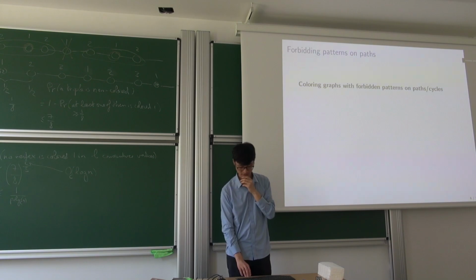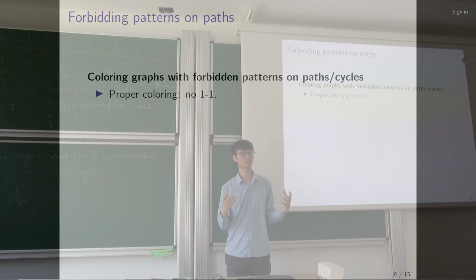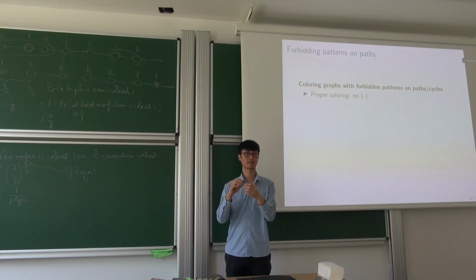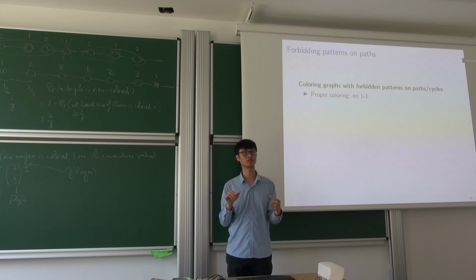So what do I mean by this? For example, if you take a look at proper colorings, well, proper colorings can also be defined as colorings such that there is no path on 2 vertices with the pattern 1, 1. Here 1 is just a substitute for some arbitrary color. So you take any path on 2 vertices, you never repeat the same color.